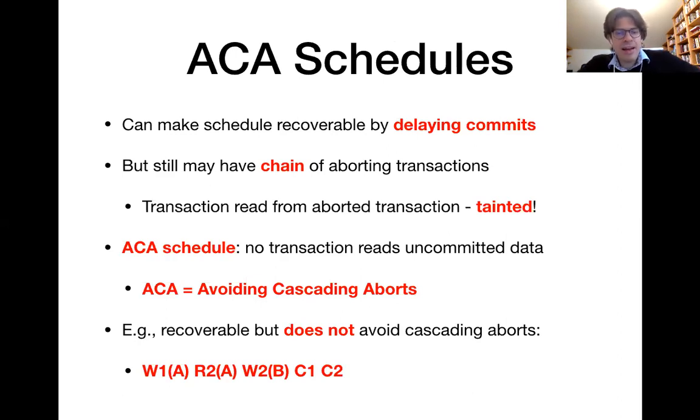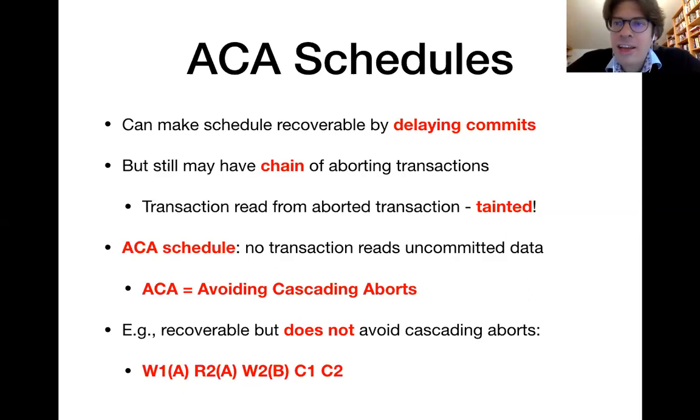But on the other side, if at this point transaction number 1 decided to abort, then we would also have to abort transaction 2 because it has been tainted by reading a value of object A that has been written by transaction 1. So that means that we have essentially cascading aborts, because one transaction aborts and that causes another transaction which has read from it to also abort.